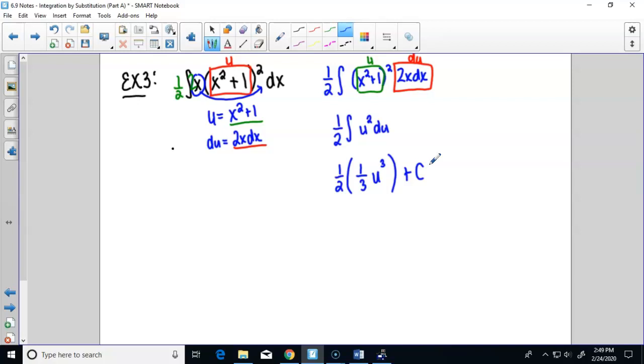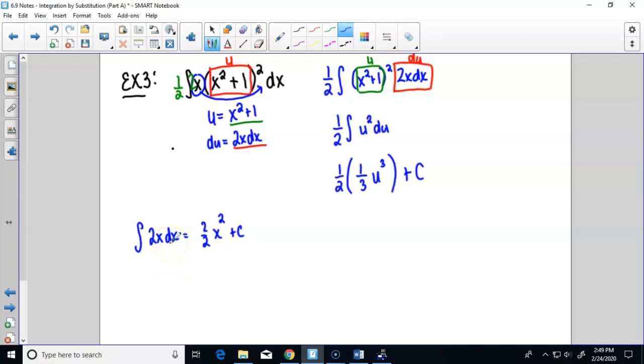Anytime you integrate, like for example, if you were integrating 2x dx, we'd just use the power rule for it, right? We do x squared, and then we do 2 divided by 2 out front, and we put a plus c, right? So we've been doing that all along. It's just more evident that you're doing that here.